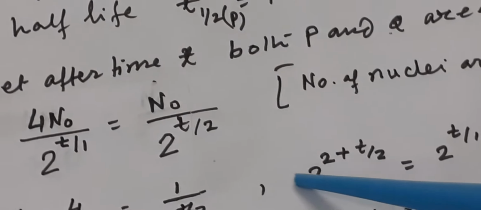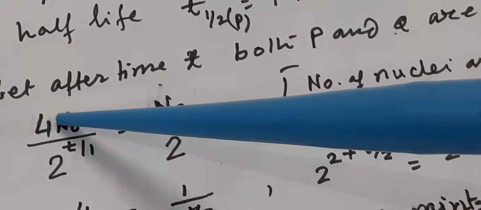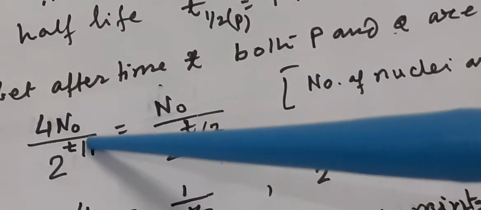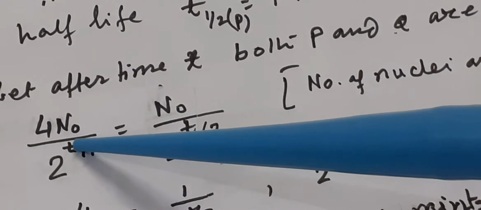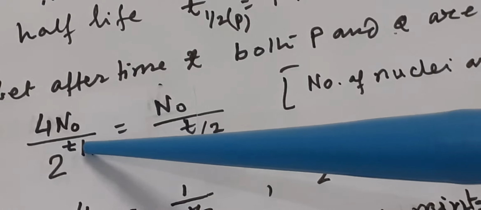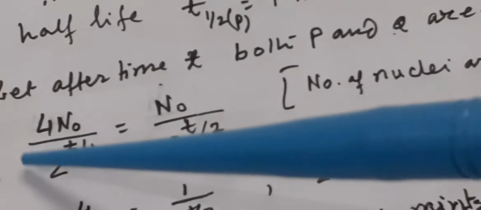So after time t, the P species left will be 4 n naught divided by 2 to the power of the number of half lives, that is t divided by 1 minute, the number of half lives for the P sample.